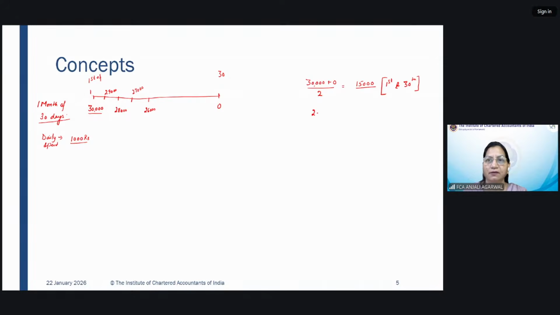Similarly, on second day you had 29,000 and on 29th day your balance was 1,000. So 29,000 plus 1,000, on an average, on both these dates, your average was 15,000, on 2nd and 29th. Similarly, on 3rd and 28th.